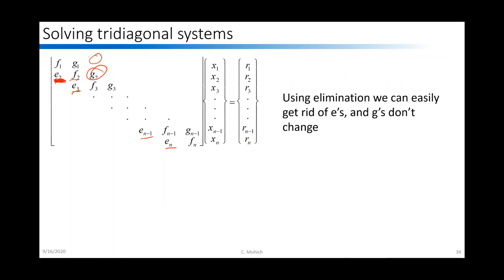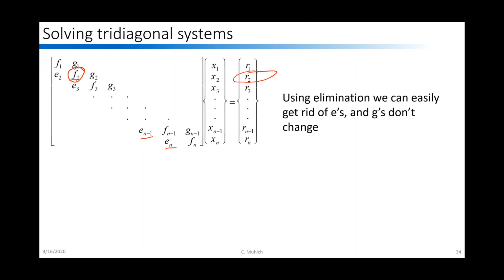It's not going to change G2. I know even before I start that variable E2 is going to become a 0. So I really only need to worry about the diagonal element and whatever the effects of that diagonal element are on the right side of the equation.